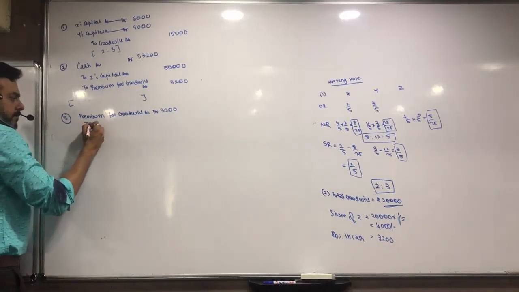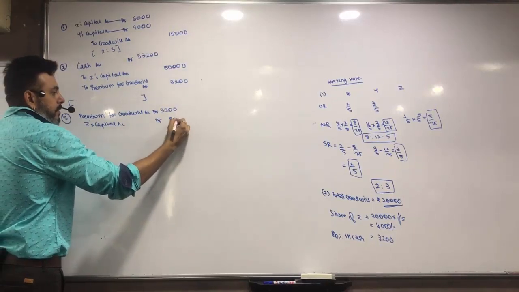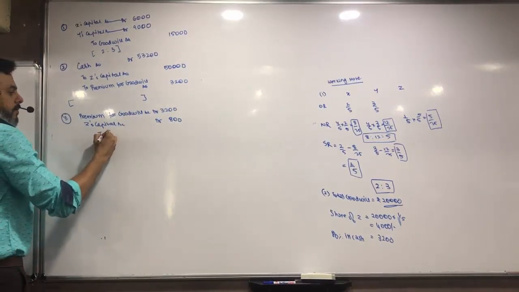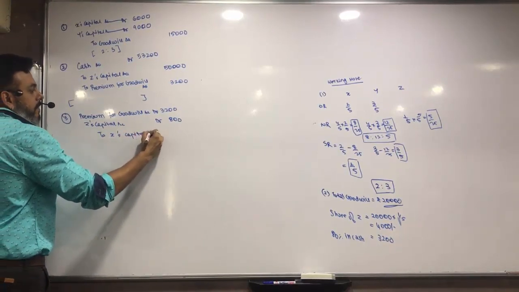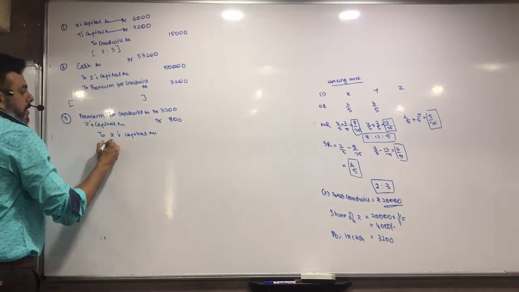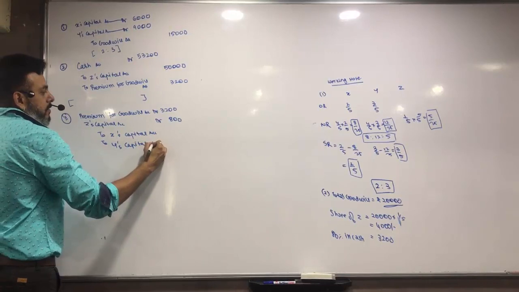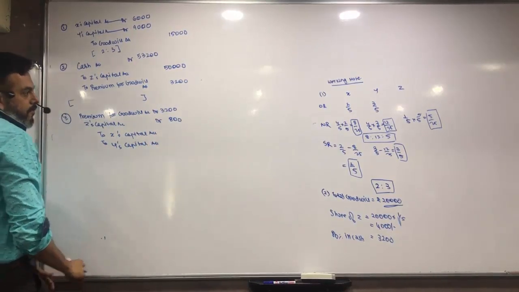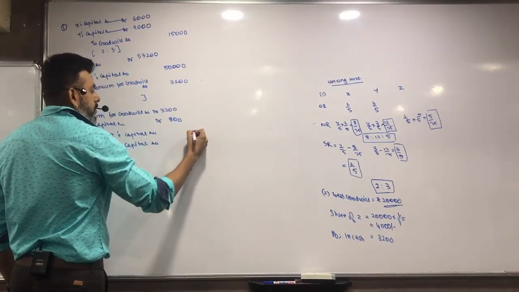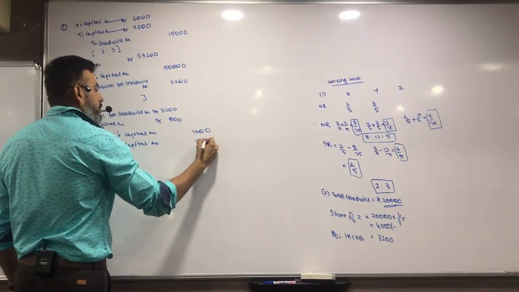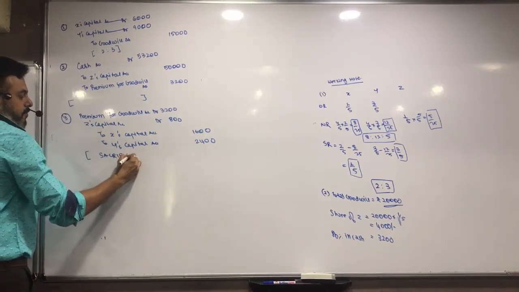So Z's capital account debit 800 to X's capital account and to Y's capital account, in sacrifice ratio. So 4,000 divided by 5.